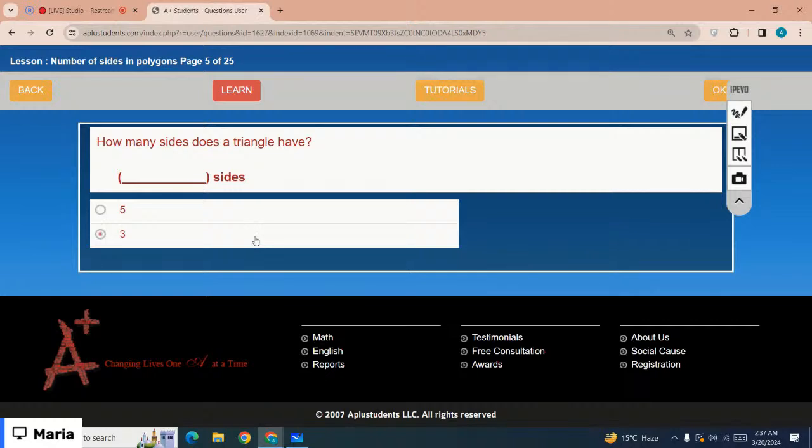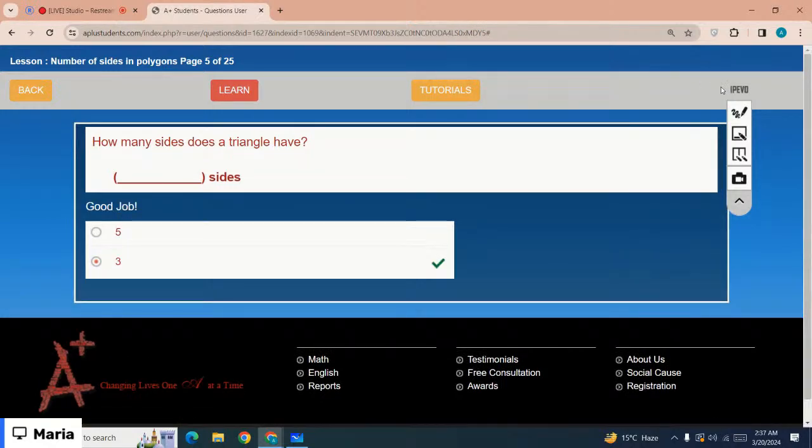The correct option is 3. Tri means 3, right? So a triangle has 3 sides.